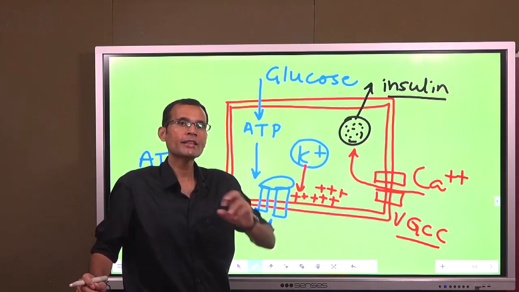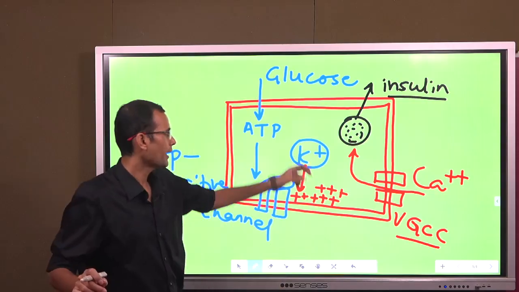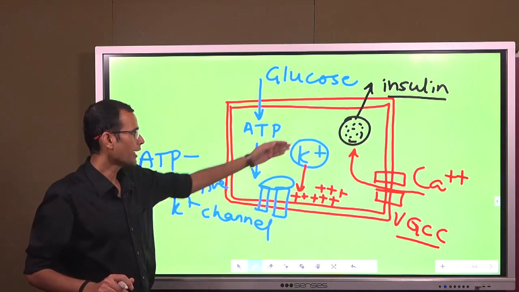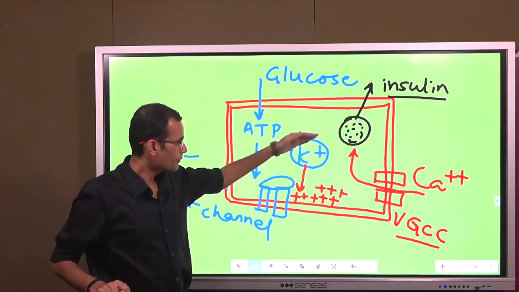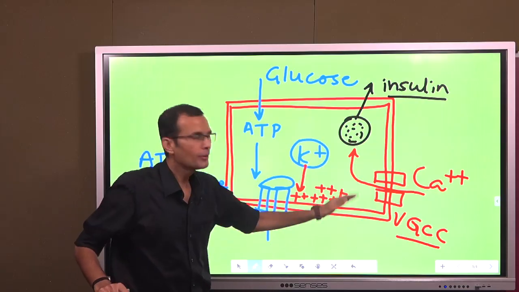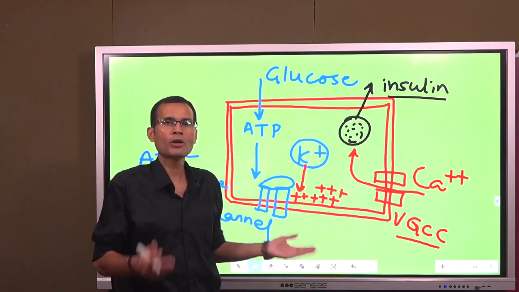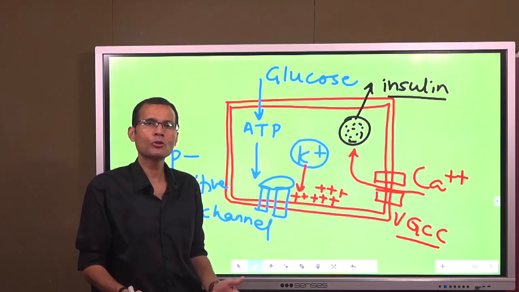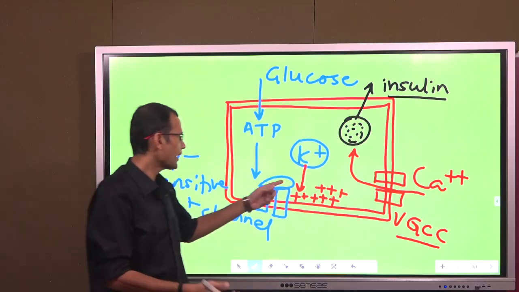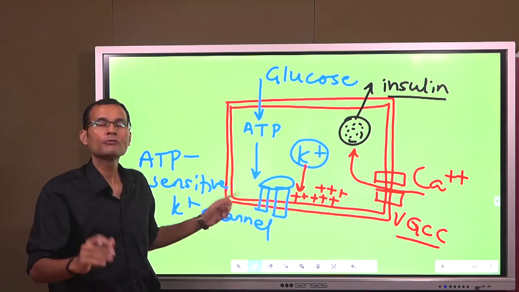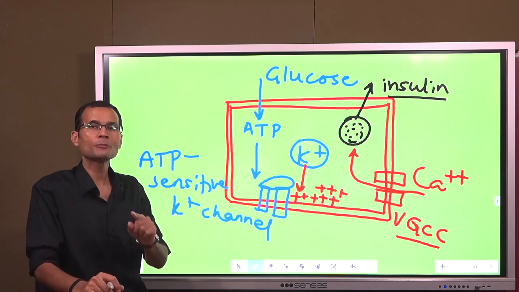Membrane voltage is changed by whom? By this potassium. Potassium comes near the membrane and accumulates inside the membrane. Why did it accumulate? Because it could not go out. Why could it not go out? It was supposed to go out, but its channel is closed. Which channel? The ATP sensitive potassium channel.